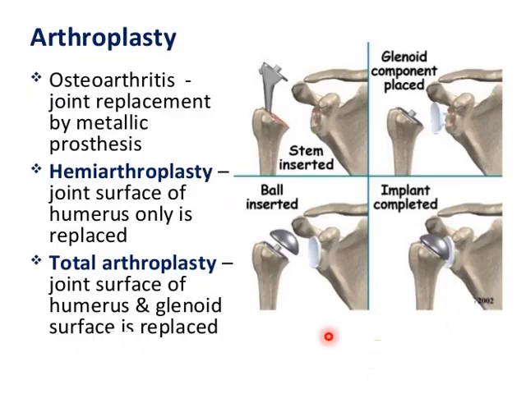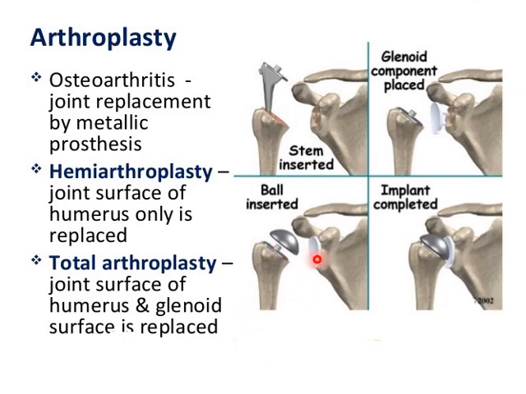This is how it is seen when only the head of the humerus is replaced or only the glenoid fossa is replaced. It is called hemiarthroplasty. When both the head of the humerus as well as the glenoid fossa are replaced, it is called total arthroplasty.